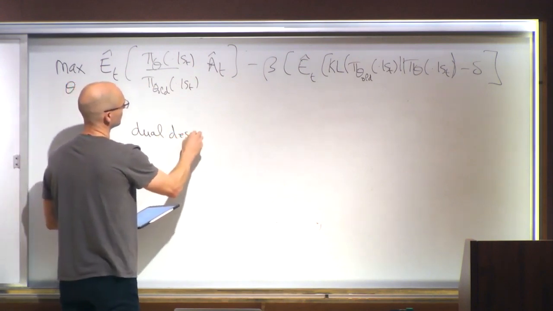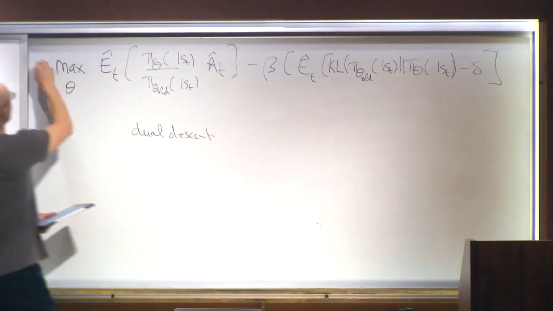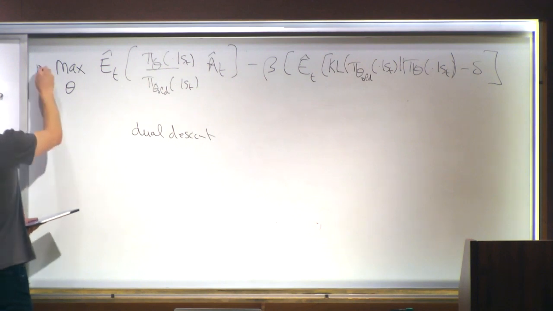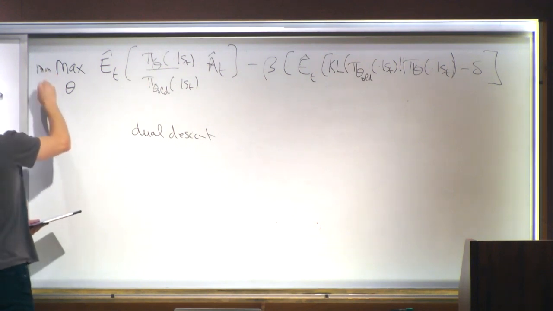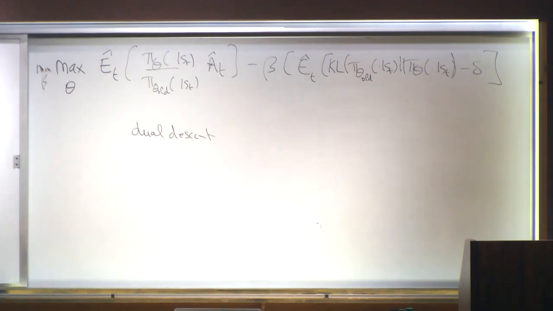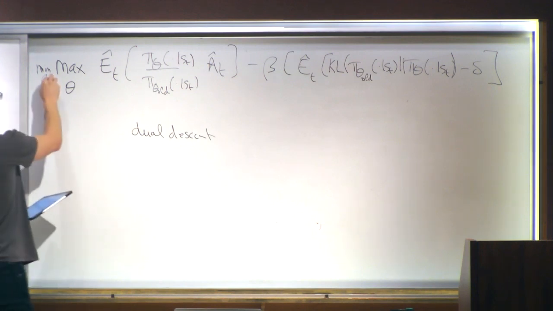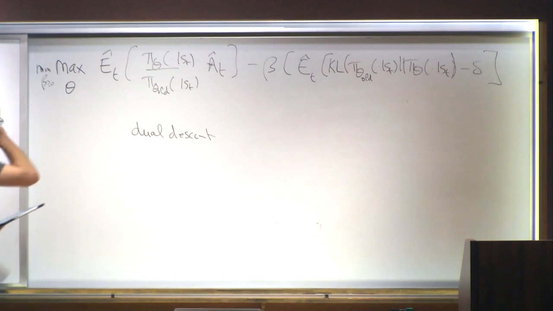And what does dual descent do? Well, it puts a min over beta up front here. And in this case, because it's an inequality constraint, beta is going to have to stay positive. We put a min over beta in front there. And then we say, well, we're going to alternate. We're going to do some updates on theta, and then after that, we'll do an update on beta.